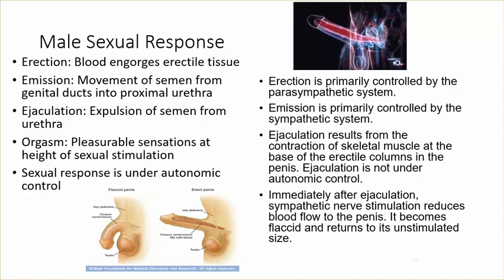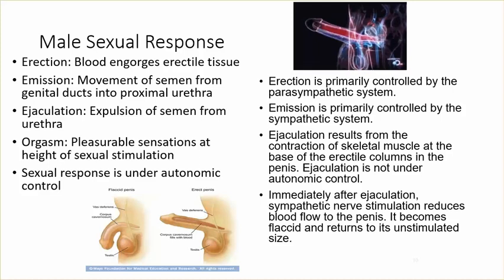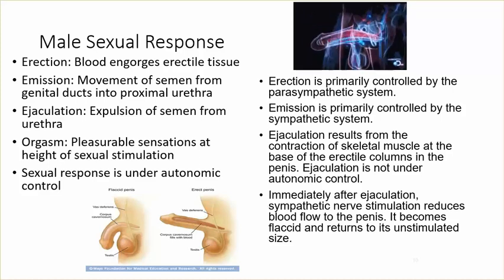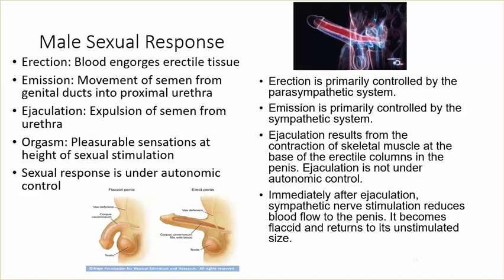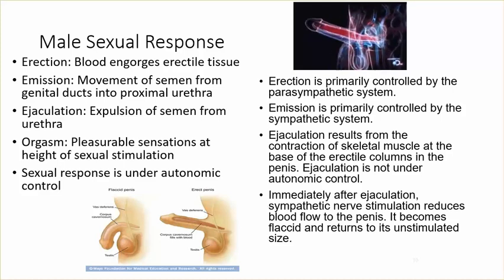Now, the emission is the buildup of the sympathetics. When ejaculation happens, all the skeletal muscle from the base of the penis contracts and causes the expulsion of the semen.